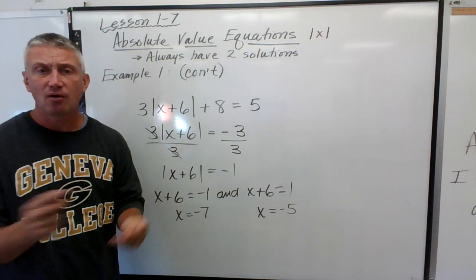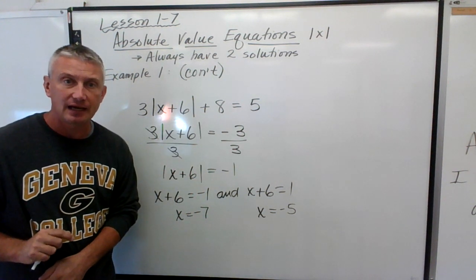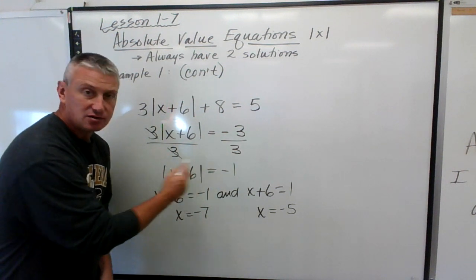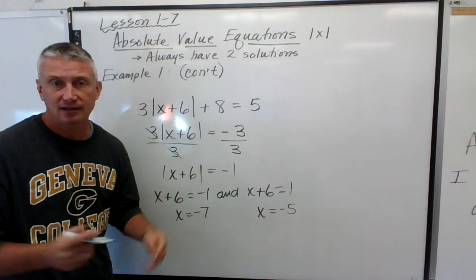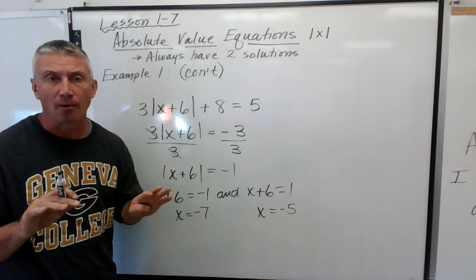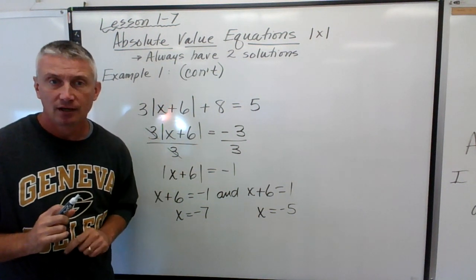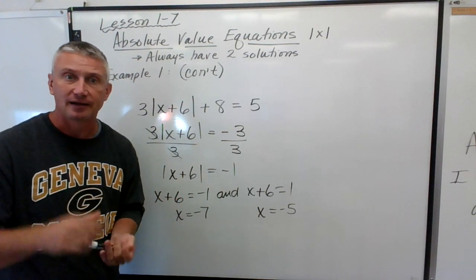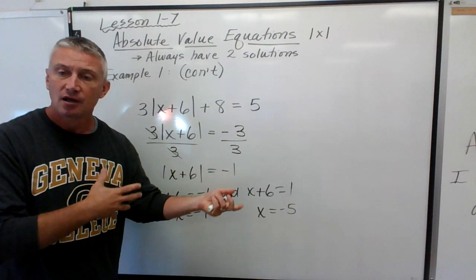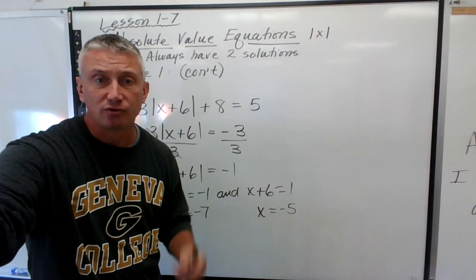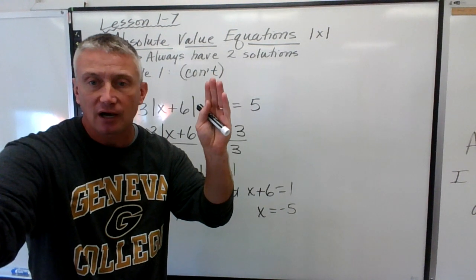Do you see why they can't work if it's equal to a negative? So if you get an absolute value equation and you simplify it down to your absolute value being equal to a negative number, there is no solution. It can't happen. That's something that can help you become faster at math, just like the infinite solutions, no solutions, and real solutions.